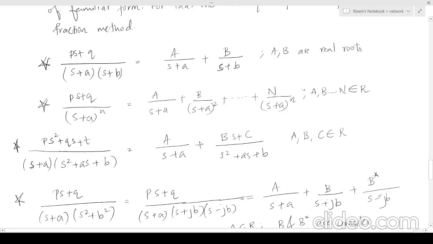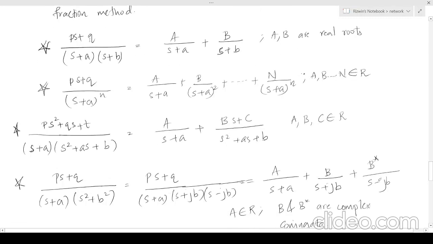If you can find two real roots, then split the equation in the form of roots s plus a and s plus b, and by the partial fraction method you can rewrite the whole term as A by (s plus a) plus B by (s plus b), where A and B are real. We have to find the values of A and B by some technique, maybe the Heaviside method or the cross multiplication technique. We will discuss one technique in this lecture.